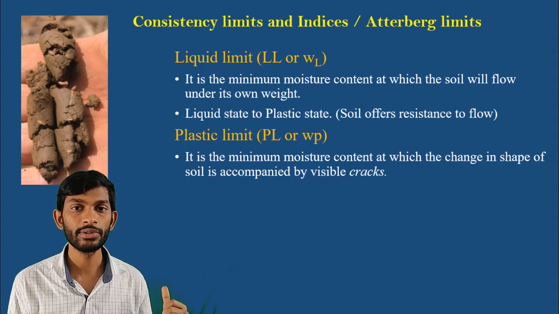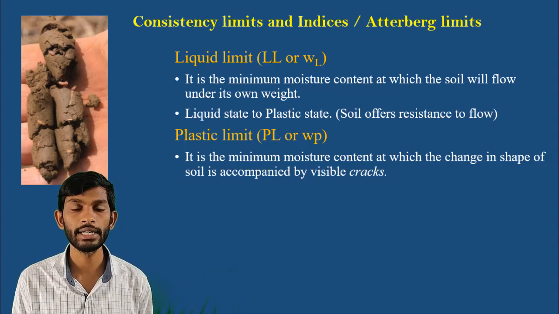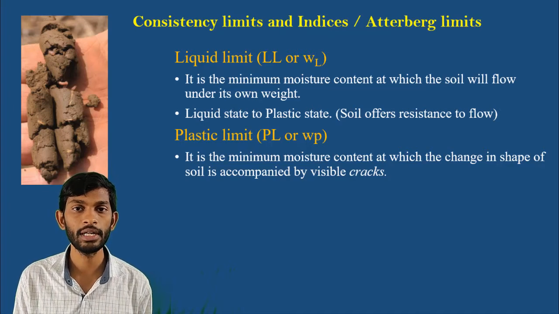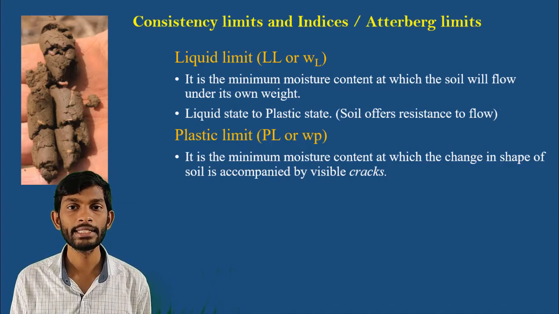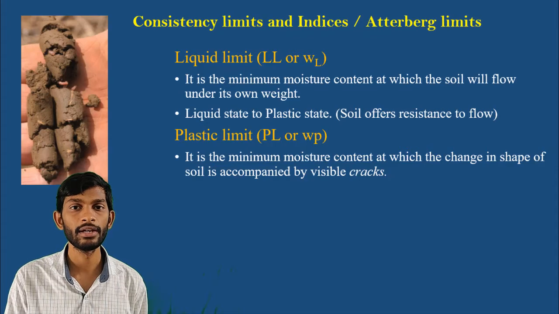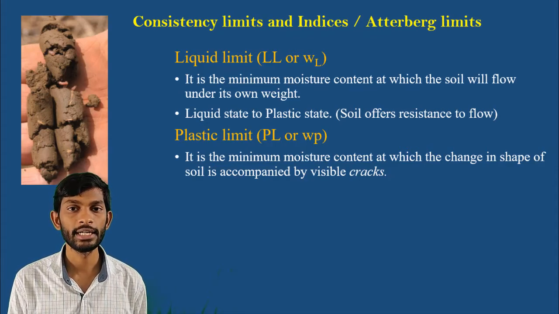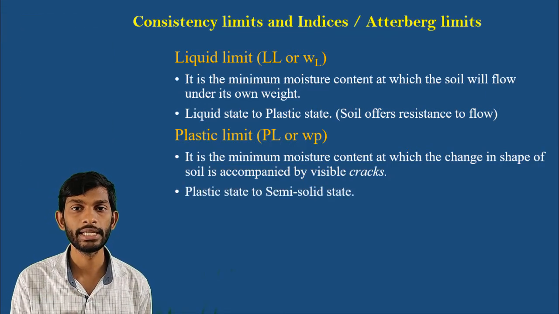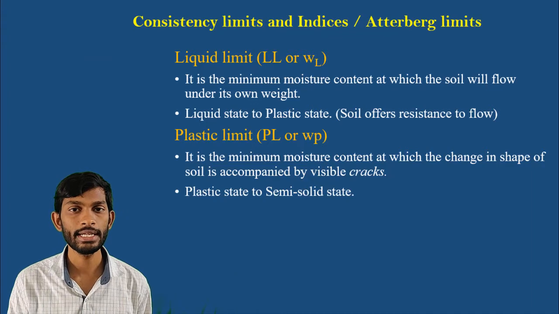So this shows that the amount of water content which is used to prepare or to convert a soil sample into plastic stage is not sufficient enough, right? When the amount of water content is less than what has to be used, it shows the cracks on the surface of the soil sample.